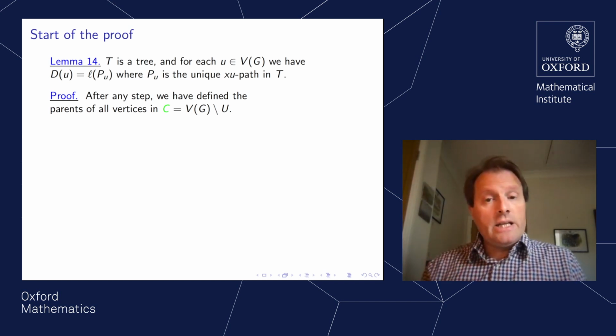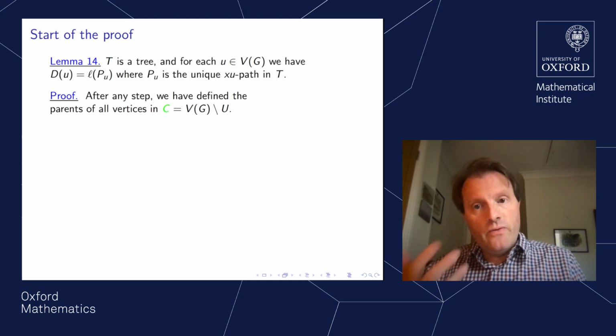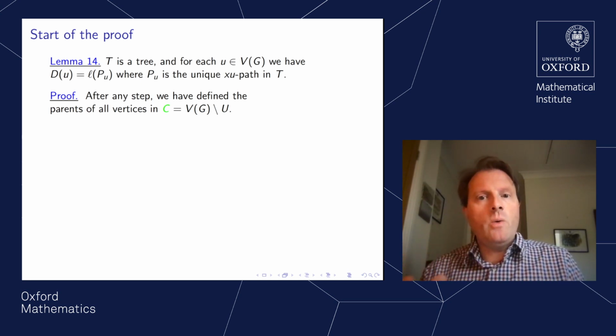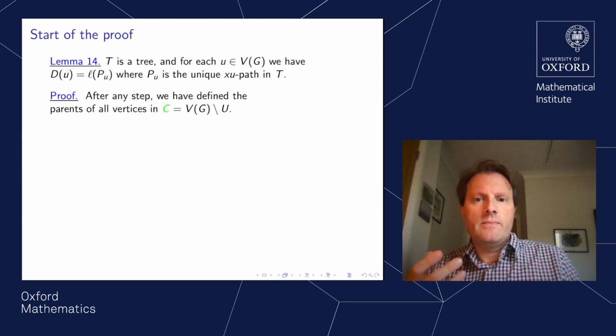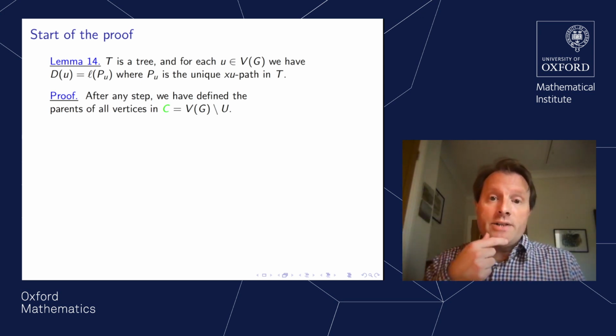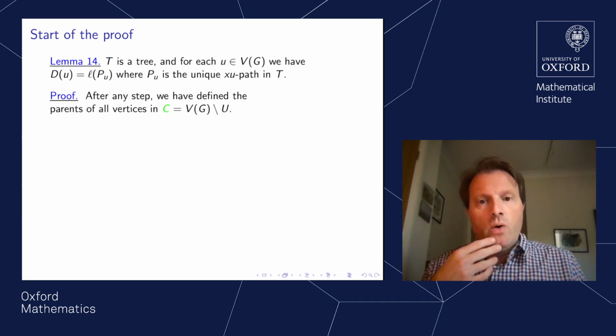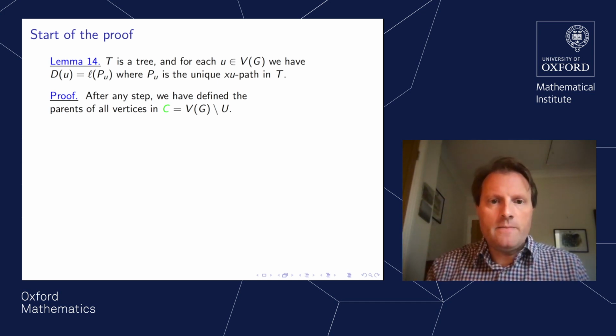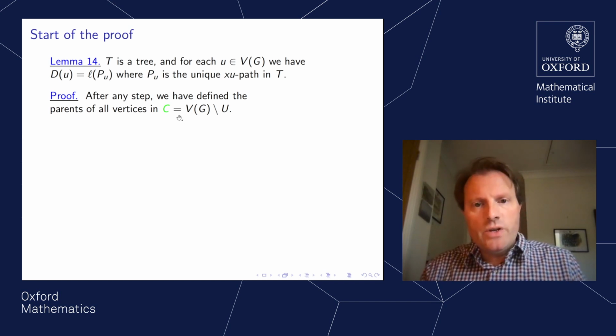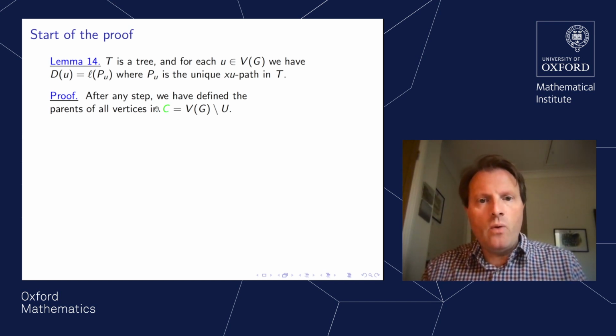And it's certainly the case that for every finalized vertex, we know what its parent is, because we know the last time that we decreased that D value, and hence we know what the parent of that vertex is. So we can certainly define the parents of all the vertices in C.